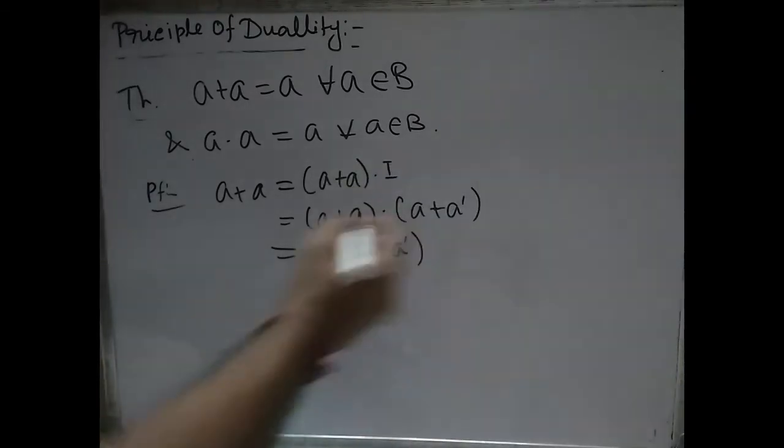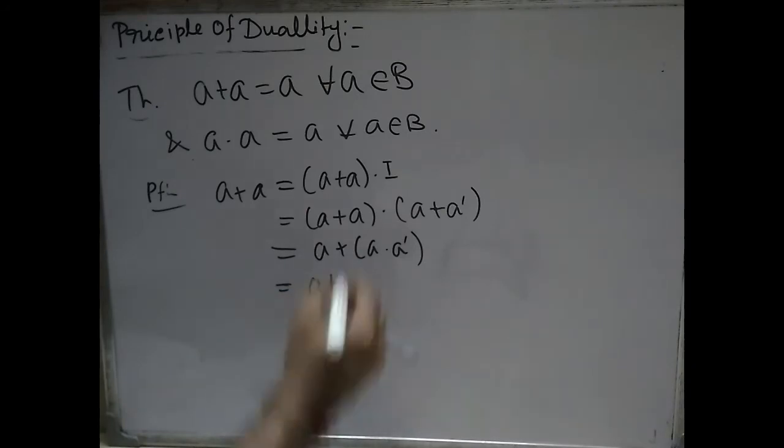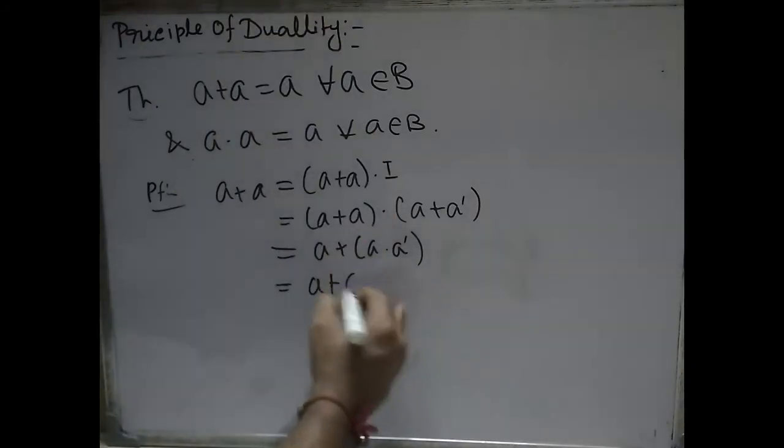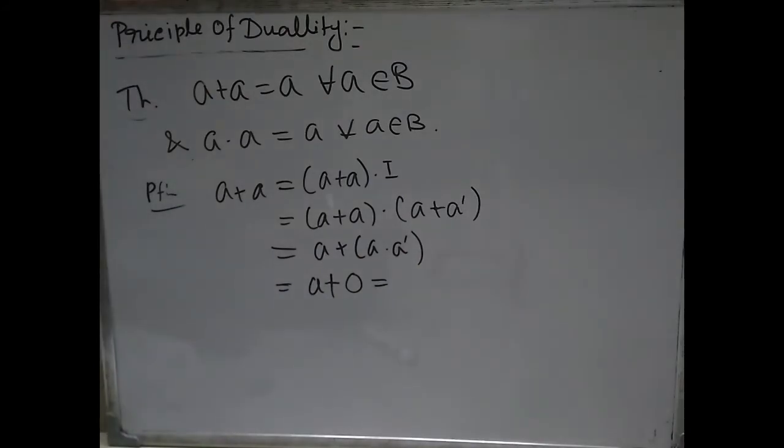Now what is a dot a dash? A dot a dash means 0. You can imagine this dot as intersection and the element a as a set. So intersection of a set and its complement always gives us the null set.